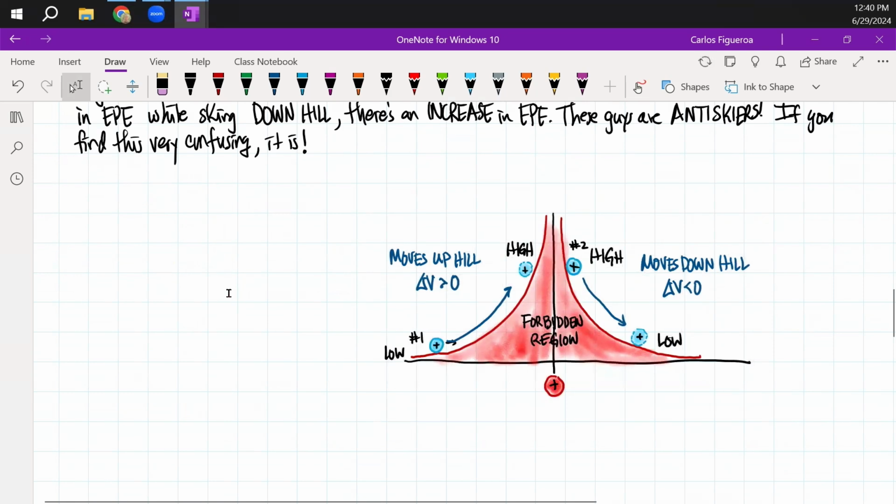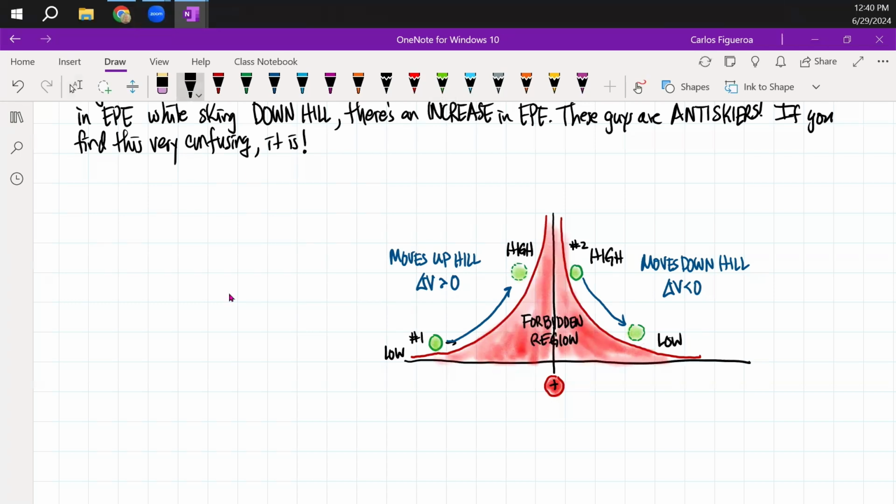And one of the things that we find here is that now I am changing my charges to be negative. Okay? So in other words, I have a negative charge, and they're going to be moving up and down these hills.